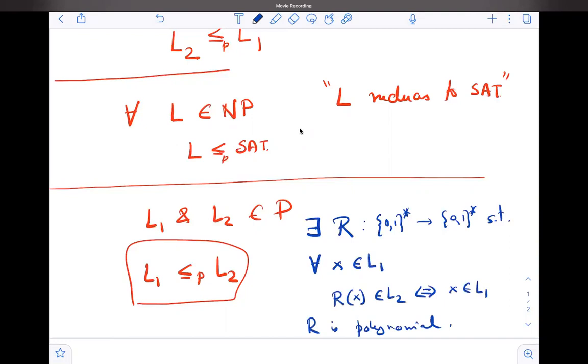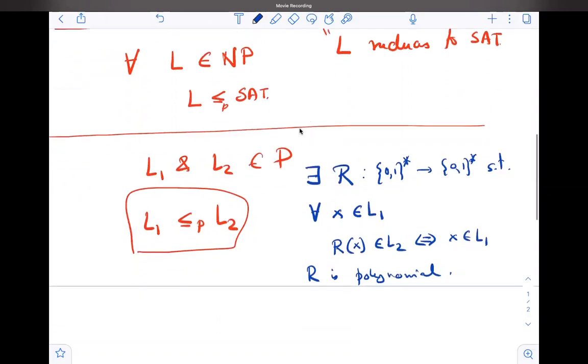Okay. Now let's see why such a thing is obvious. Why does there exist such an R when L1 and L2 are both in P?